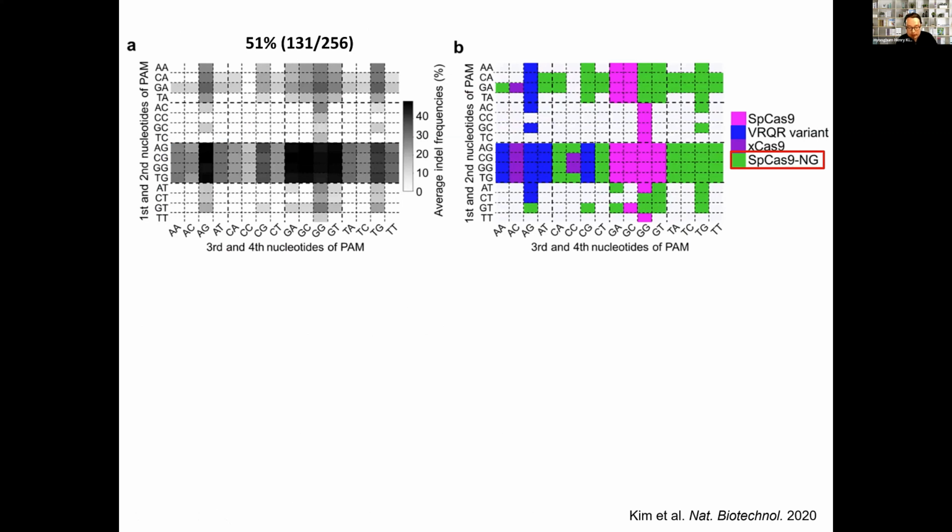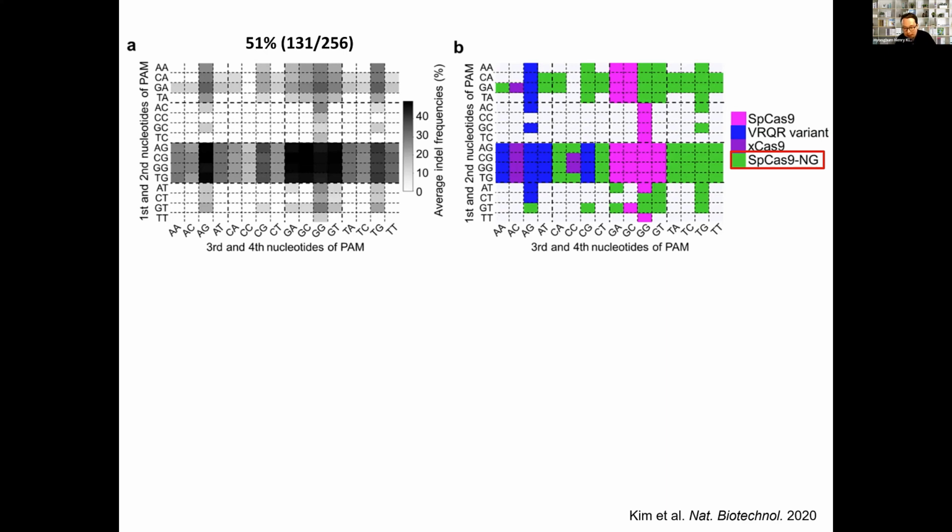But if you consider the opposite strand, which is CCN, then we can find the PAM sequence every 8 base pairs, which is still not frequent. So in many cases, you cannot use SpCas9 for gene editing.